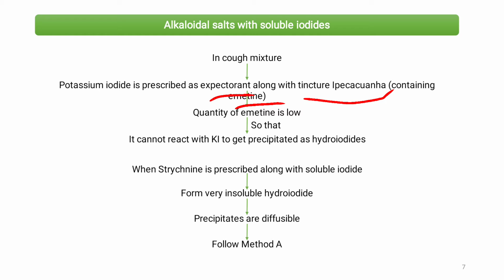So if we use strychnine along with any soluble iodide, such as potassium iodide, the strychnine contains a high quantity of alkaloid and forms an insoluble hydroiodide.